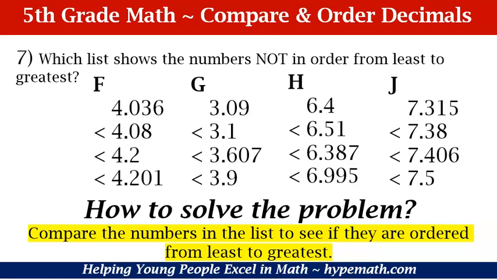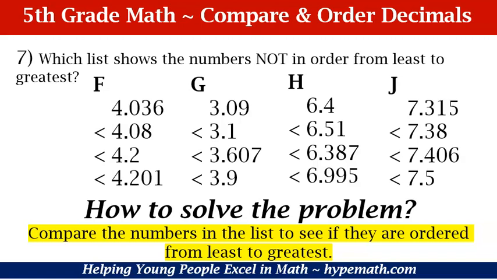And looking at our numbers, we have a 4, 5, 3, uh-oh, 9. Is this from least to greatest? Because I thought 3 was less than 4 and 5. Okay, we're going to say H is probably the answer.